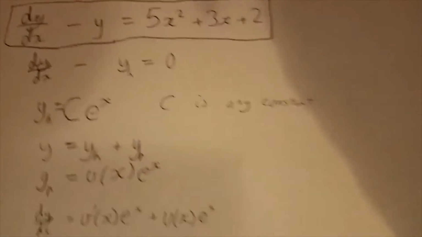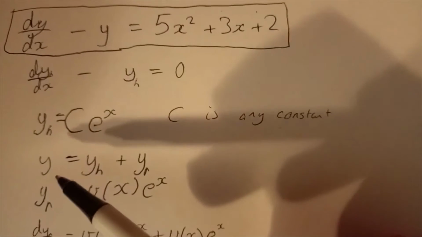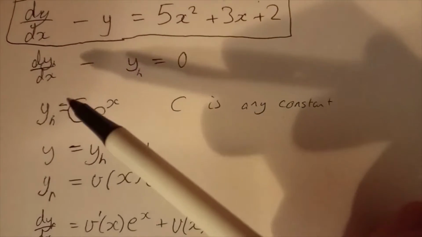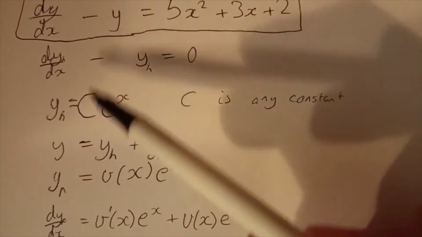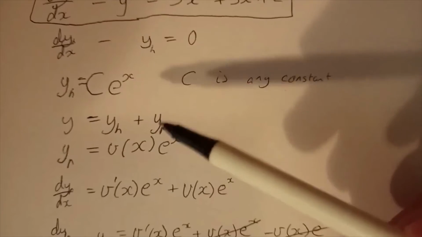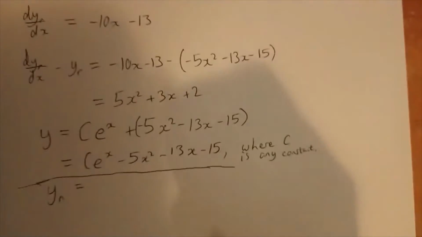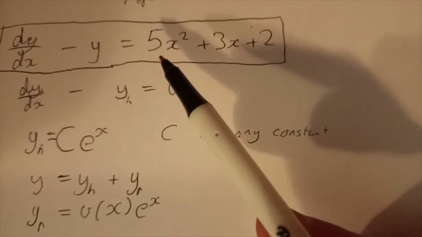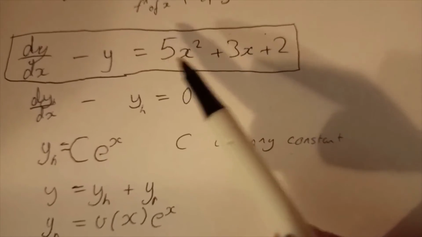We're still trying to solve this equation here by combining a particular solution with the general solution to the associated homogeneous equation, but using a different technique to find the particular solution. So another technique to find the particular solution is to look for a function of the appropriate form.